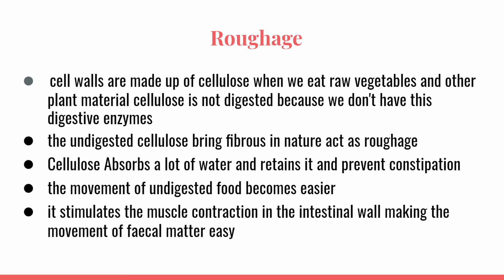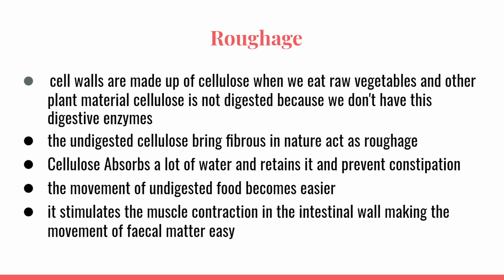We cannot digest cellulose. We know that we don't have the digestive system for that. But what it actually does is it acts as a roughage. It is undigested, fibers in nature, acts as a roughage.